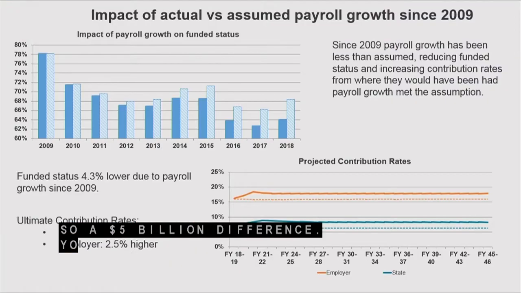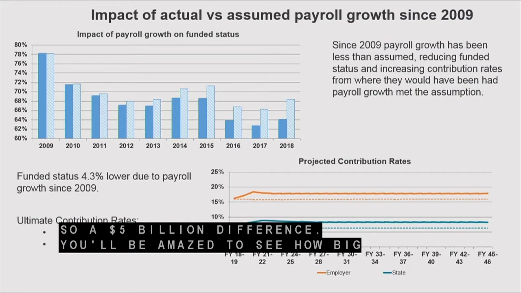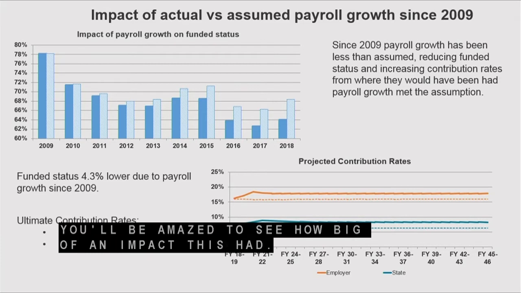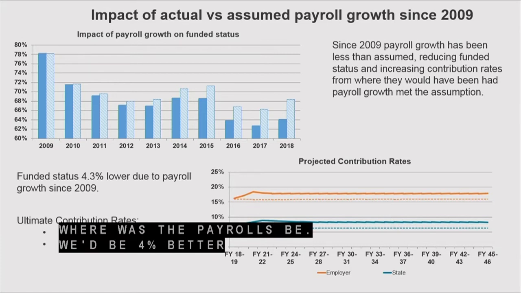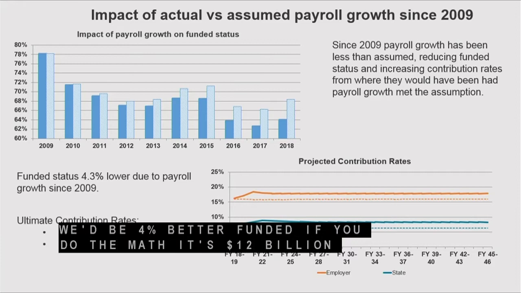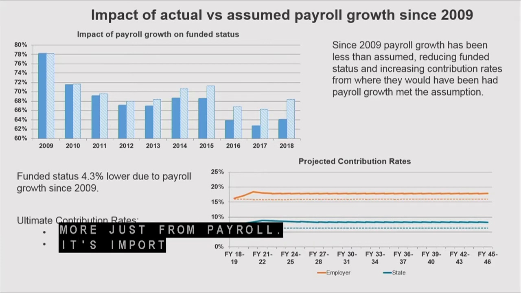So we went back and we said, okay, where would our funding levels be today had the payroll increased at the rate it was projected to increase back in 2009? We would be about 4% better funded today, about 68 instead of 64. If you do the math, it's about $12 billion more in the fund, just from payroll. So that's why it's very important that we not only focus on investment risk going forward, but also payroll, because over time it can really compound itself.